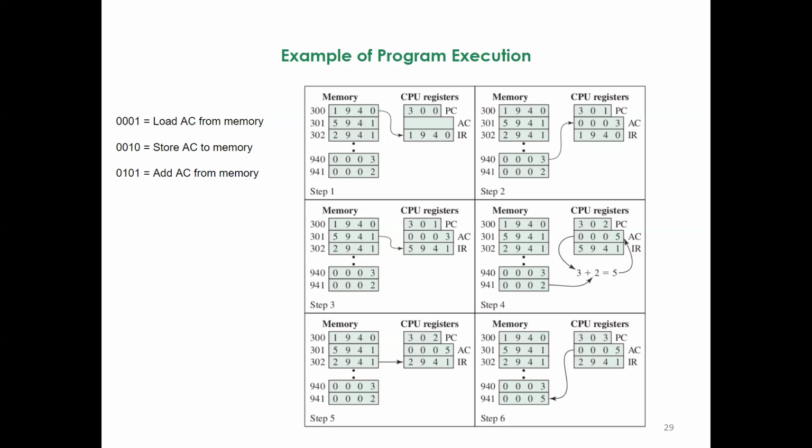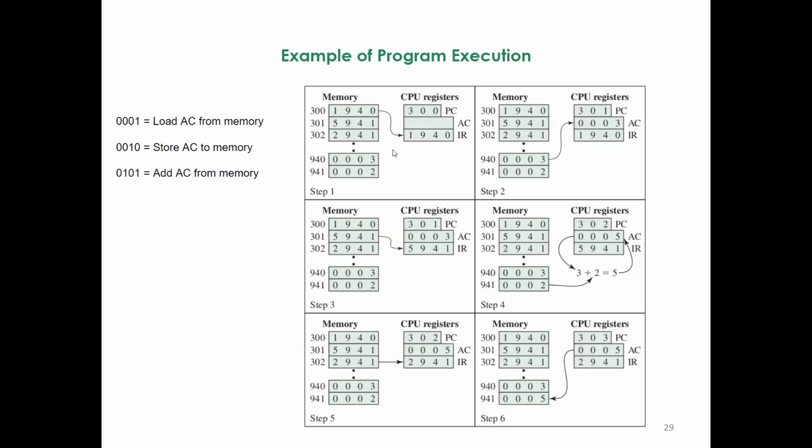So what happens? PC is pointing at 300. So we need to fetch an instruction from address 300, which happens to be 1940. We fetch it and put it inside the instruction register, IR.